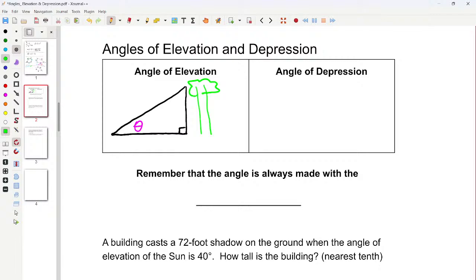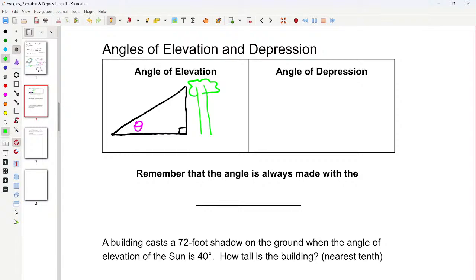But here's the idea. If I'm looking straight ahead, which I am right now, I have no angle with my eyes. I'm literally at zero degrees. And then if I look straight up like that, that would be a 90-degree angle of elevation because I rotated my head directly upwards. So if I slow motion that, I'm at 0.